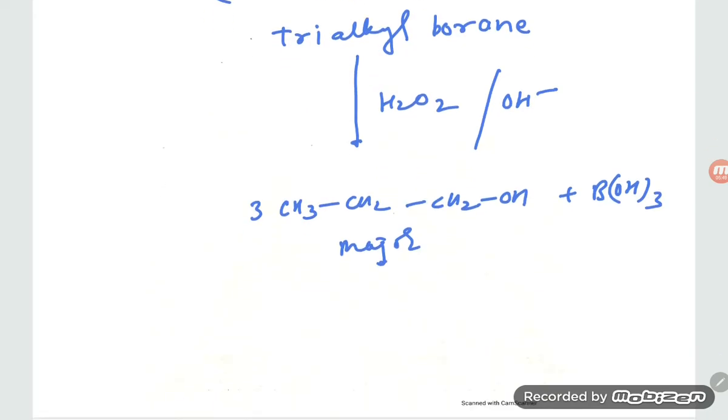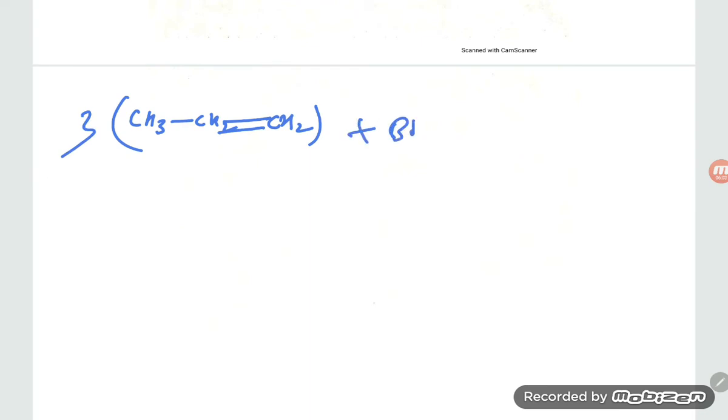This reaction can be understood more easily like this, student. You see, CH3 CH double bond CH2 is there. So what we can do is take 3 moles and react them with BH3. BH3 means 1 mole, we have taken a third mole.